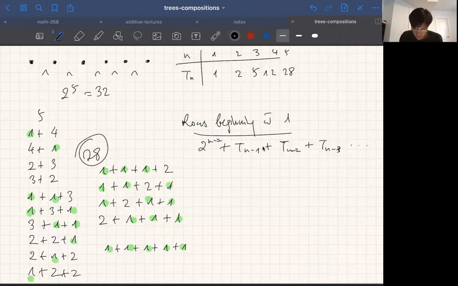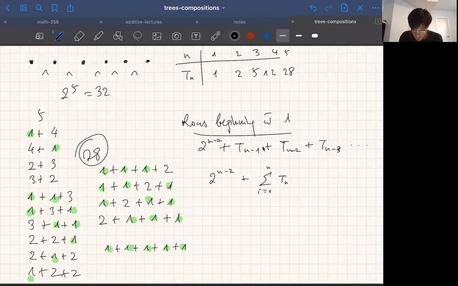So is that right? Does it seem like it's 2 to the n minus 2 plus the sum of i equals 1 to n of Ti? That might be it.